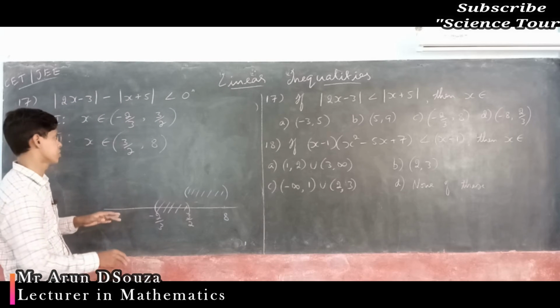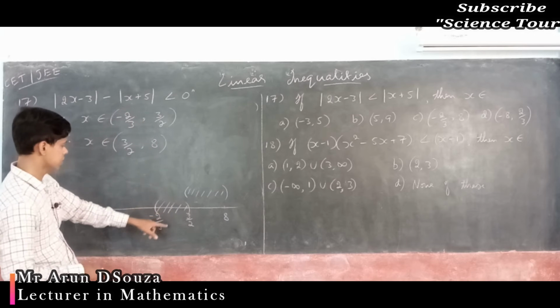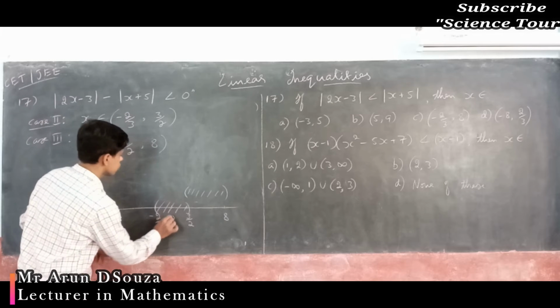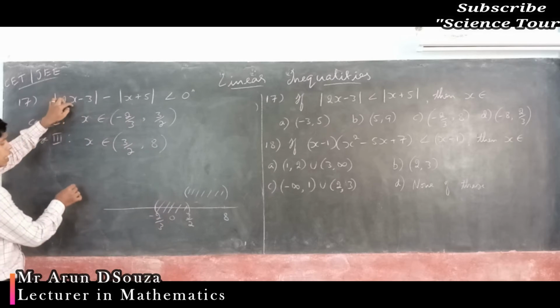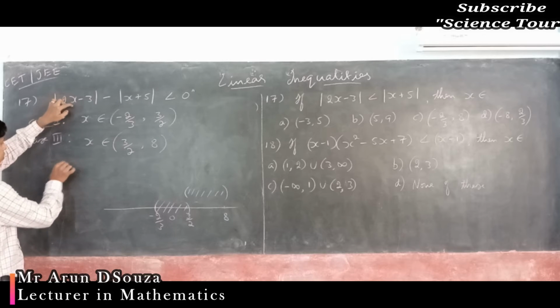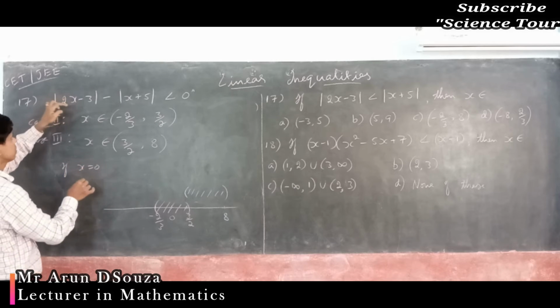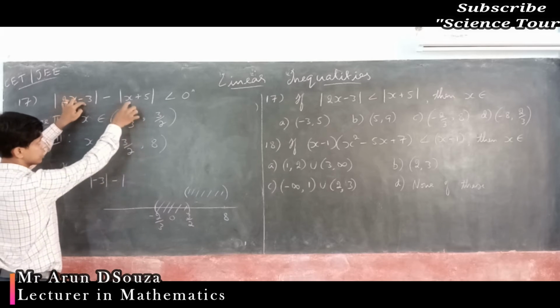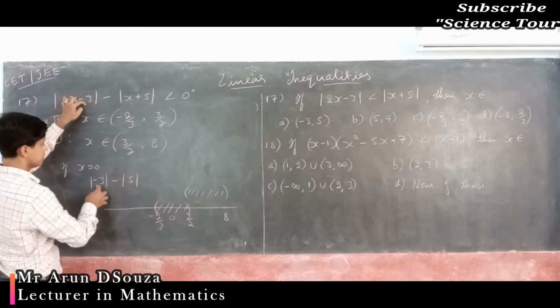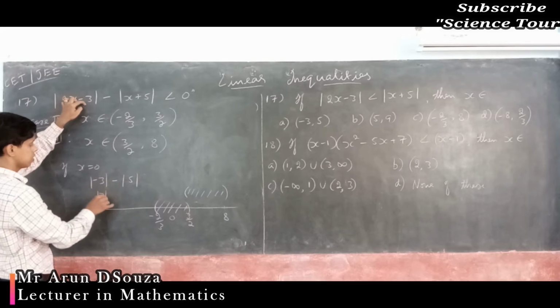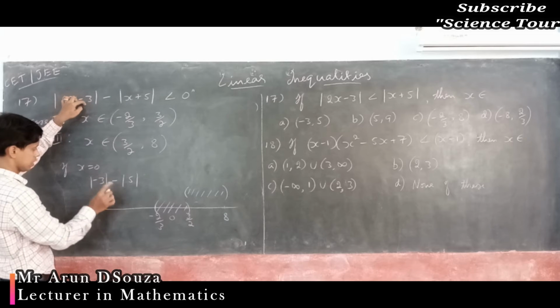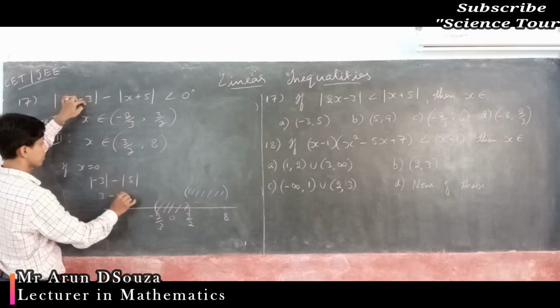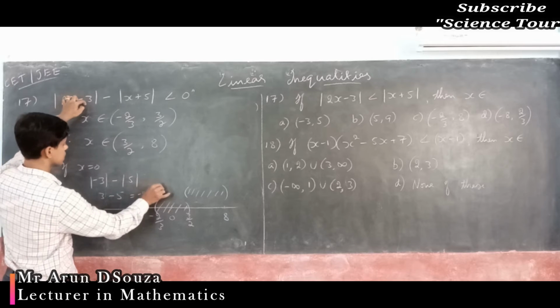Let's check if you have a doubt. Put any value between this. Do you have 0 here? Yes. So put 0. This will be minus 3 modulus, and you are putting 0, so that is 5. So modulus of minus 3 is 3, I am sorry, 3 minus 5, so that is minus 2. Is it less than 0?